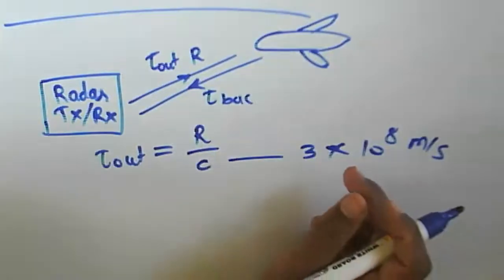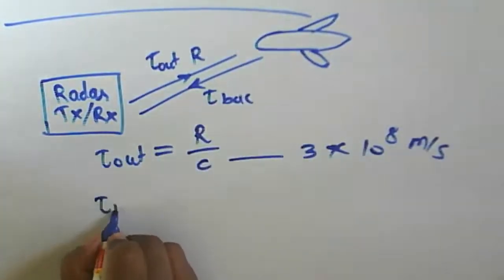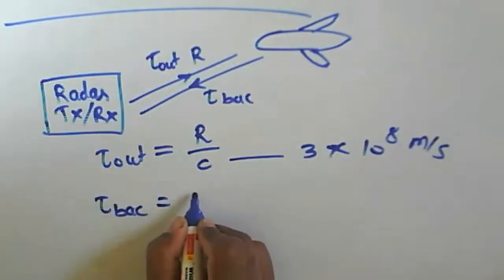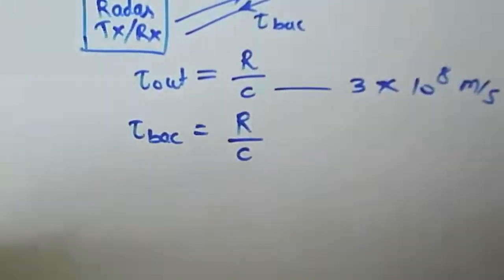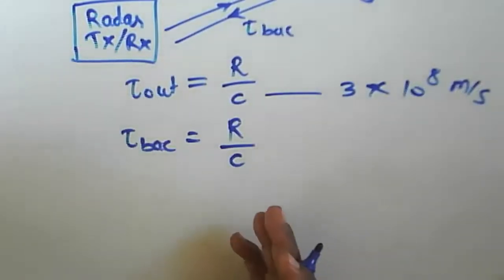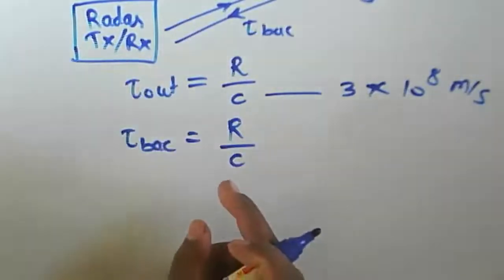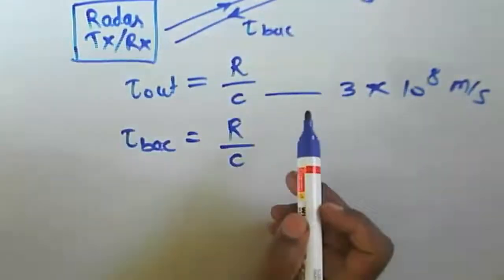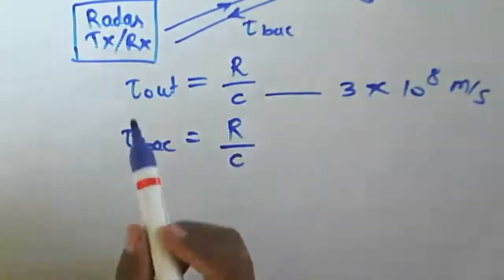What will that time be? Tau back is equal to R by c. The total round trip time means transmission as well as the reception of that particular pulse.